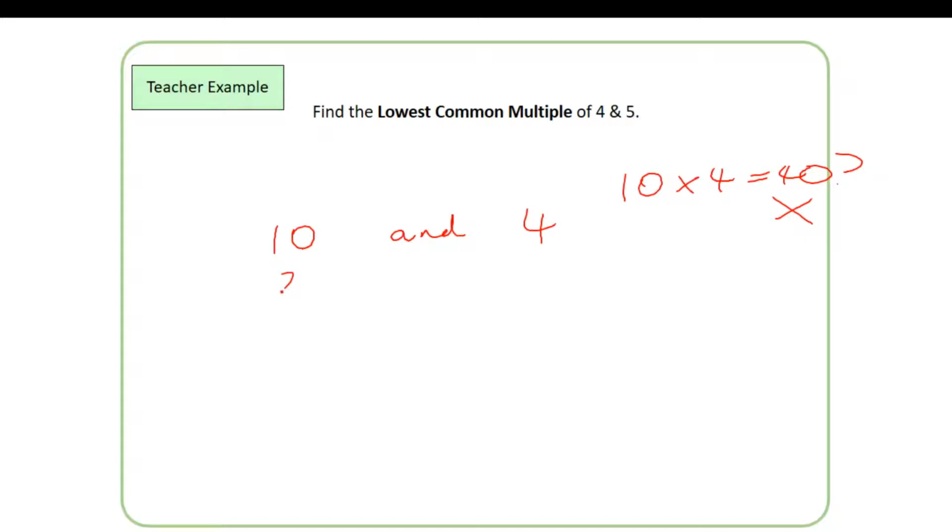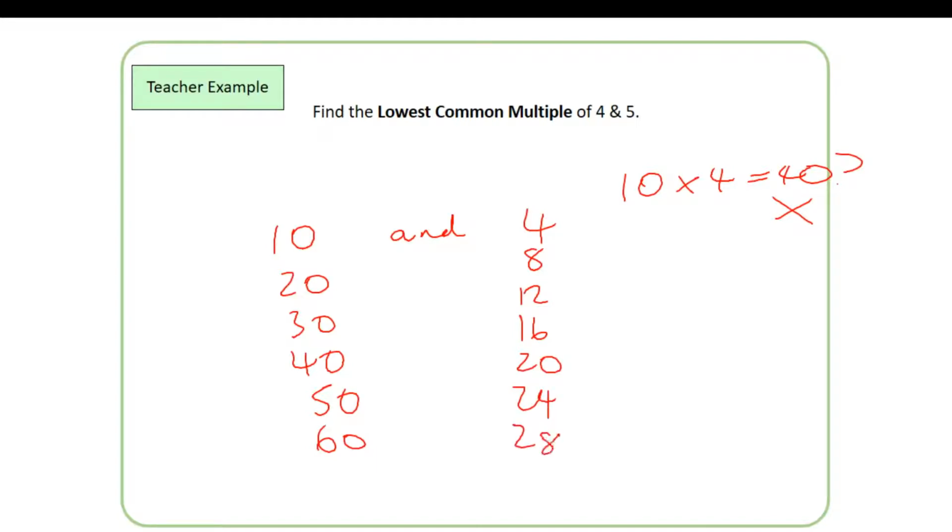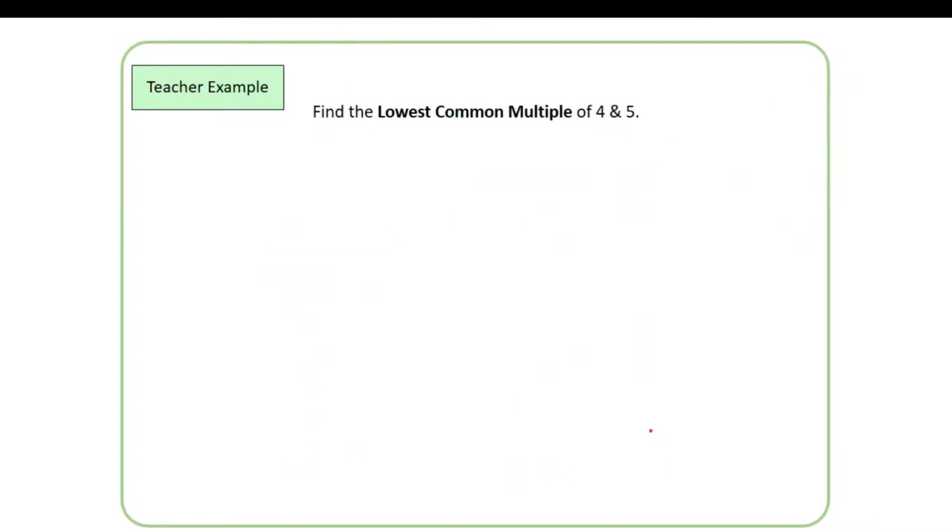If you've got your 10 times table, you've got 10, 20, 30, 40, 50, 60, etc. And if you've got your 4 times table, you've got 4, 8, 12, 16, 20, 24, 28, etc. Now the first number in both lists, I'm not denying 40 does come in that list eventually, but 20 is much earlier on in the list. So don't assume you can just multiply the two numbers together. For 4 and 5, yes, you could, but that won't always be the case.